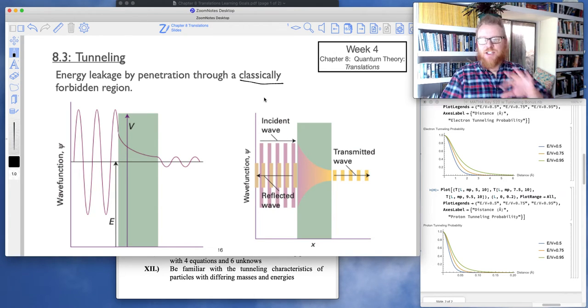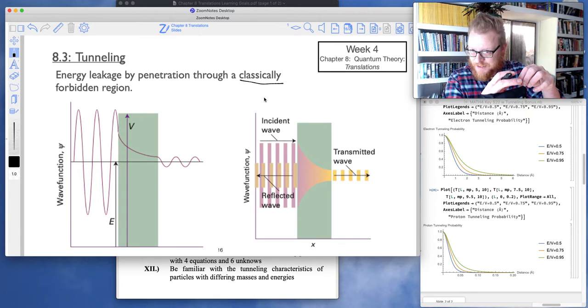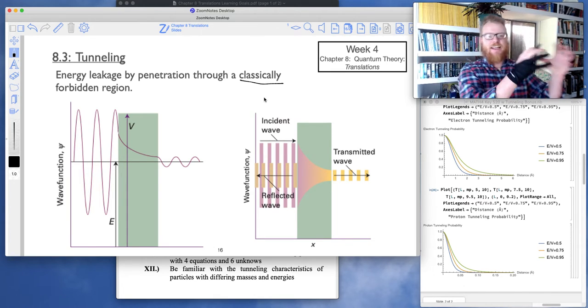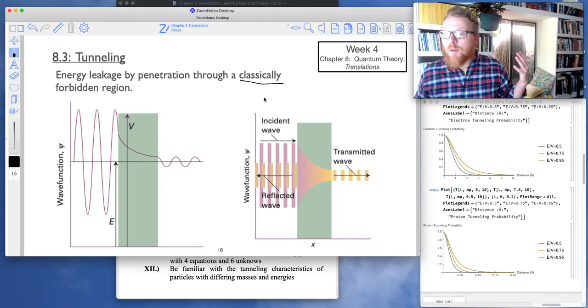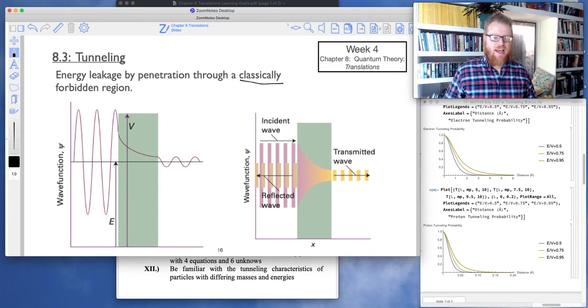Much like if I imagine a closed container with a marble inside of it, right? And I can shake that container around, and the marble can't get out. It can't escape. Well, tunneling is this phenomenon where I have a particle and I've placed it into a box, like we've done before.